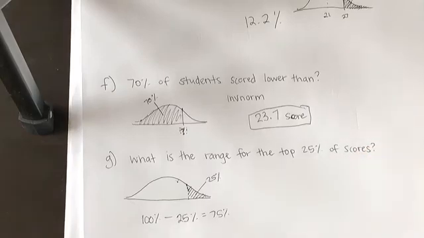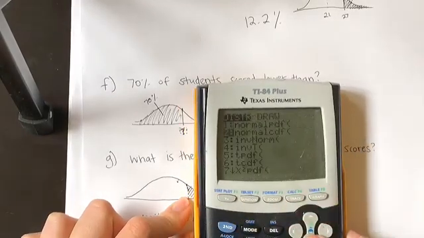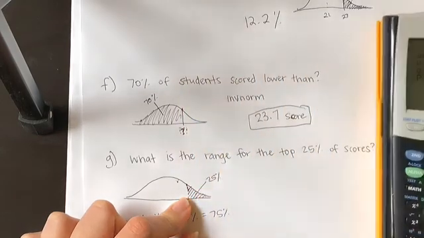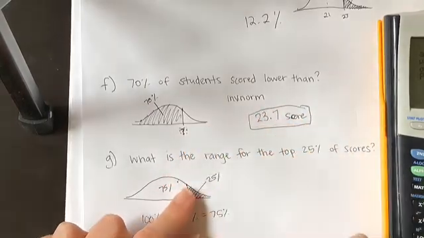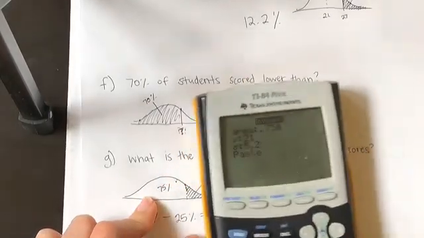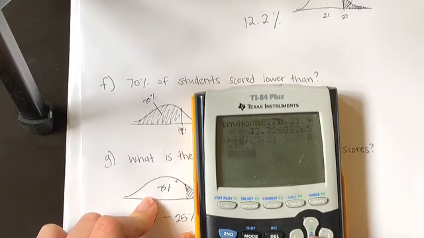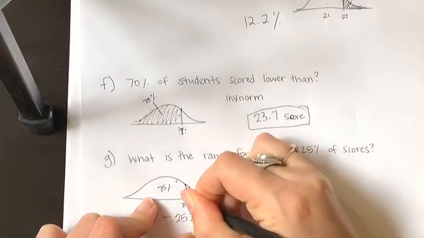So we're going to take still the inverse norm, and we're going to do it for the 75% area, since this would correspond to the 75%. Again, it always takes the lower half. So I'm putting in the 75% area, and the mean and standard deviation still stay the same. And I get 24.5 would be this point right here.